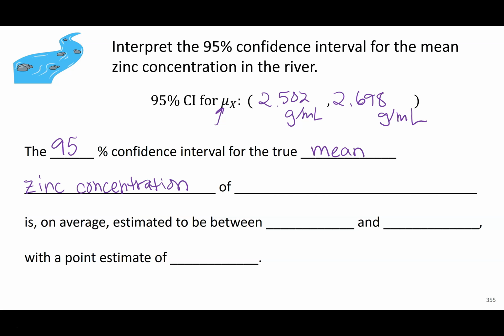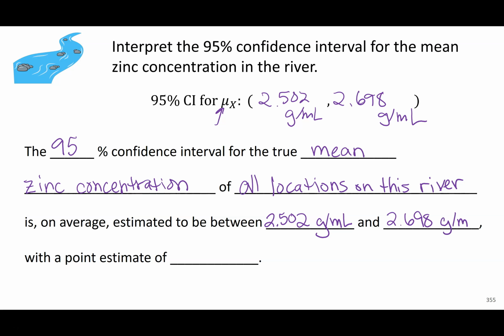Where did these samples come from? All locations on this river. Is on average estimated to be between, the lower one first, 2.502. I didn't have enough space, so I'm going to write grams per milliliter abbreviated. And 2.698 grams per milliliter. With a point estimate of, this is x bar from the sample, 2.6 grams per milliliter.